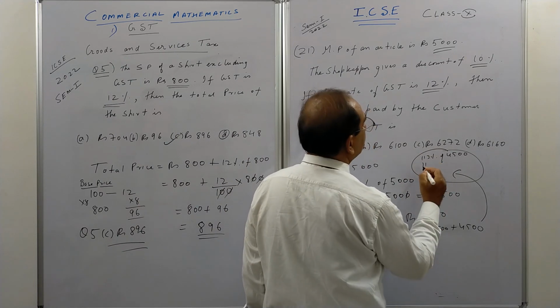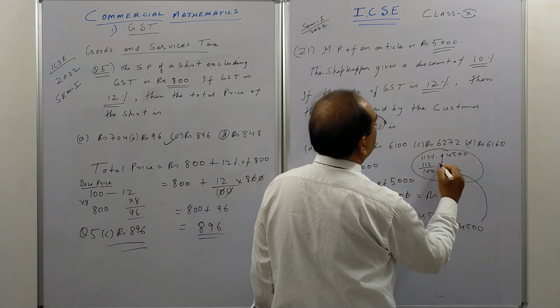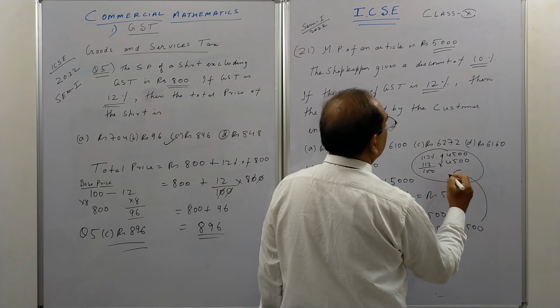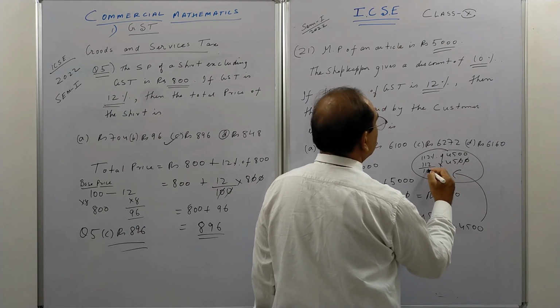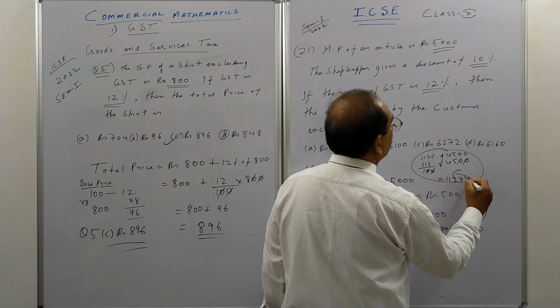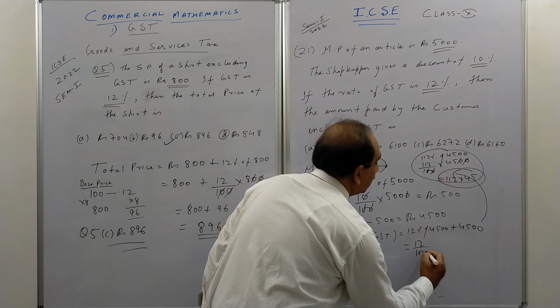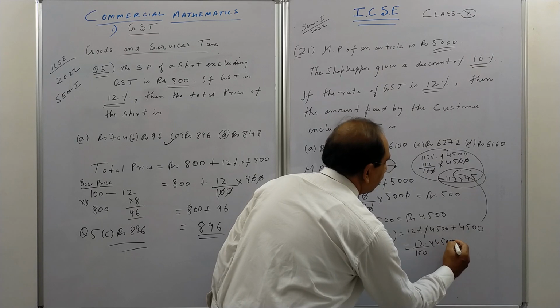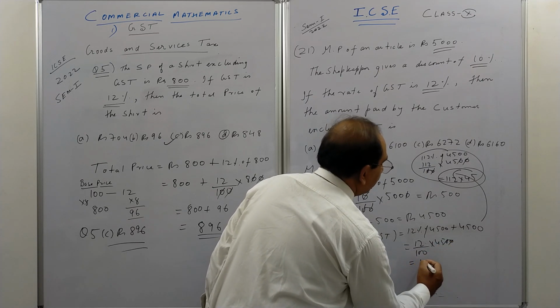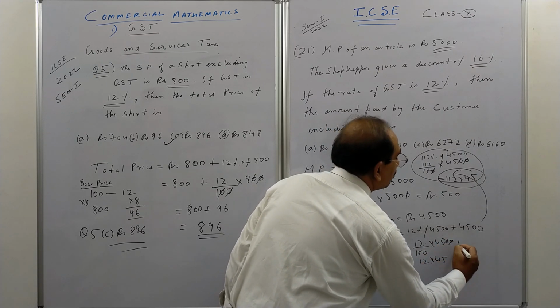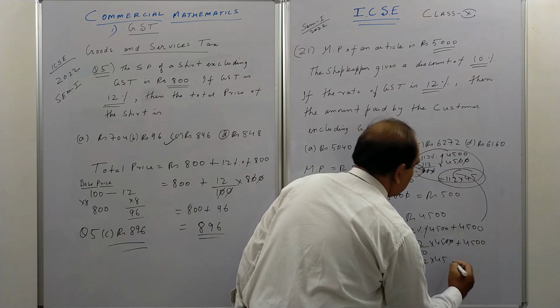So both things are same, children. 112 by 100 into 4,500. The zeros will cancel. So 112 into 45, what you will get is the same you will get here, 12 by 100 into 4500. So you get 12 into 45 plus 4500.